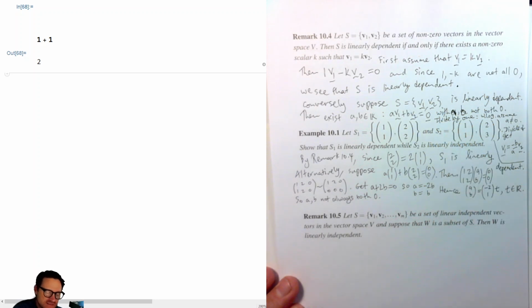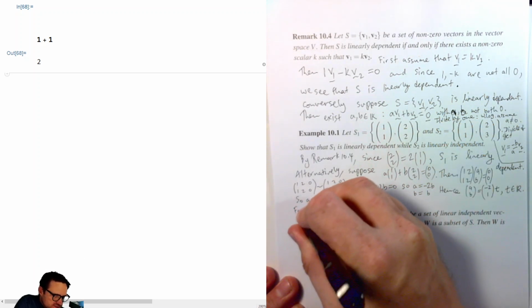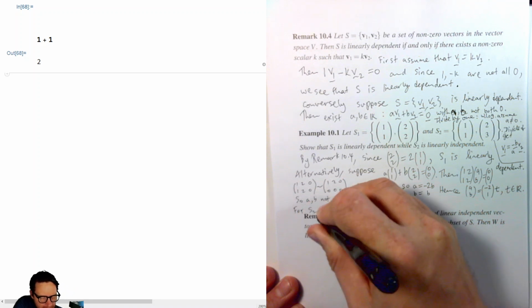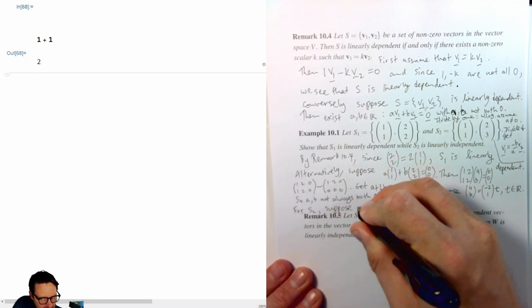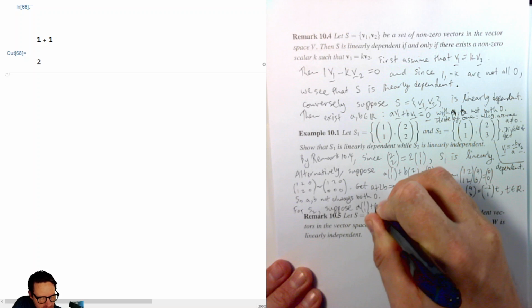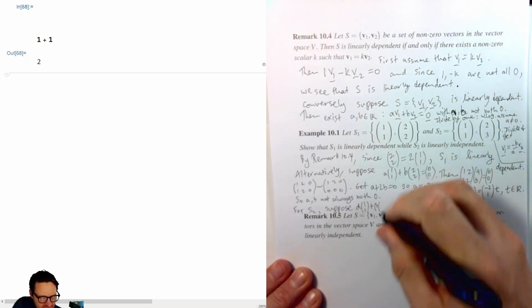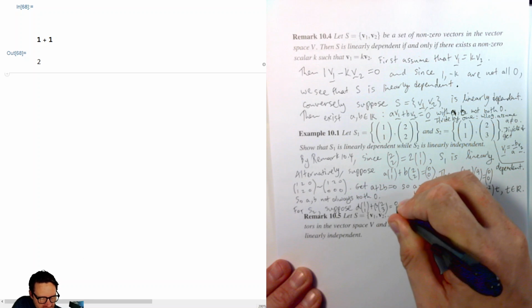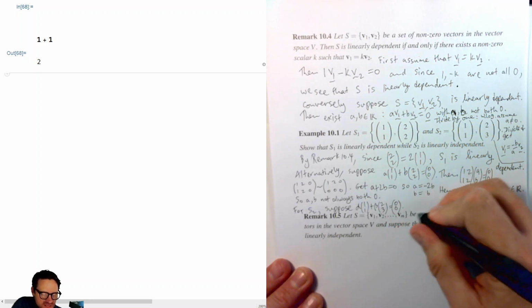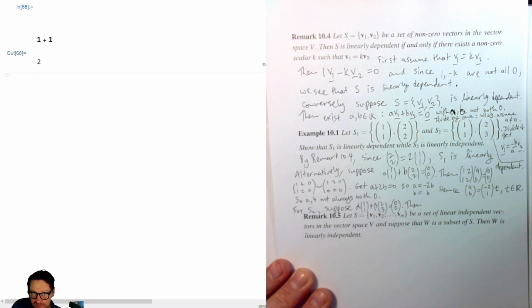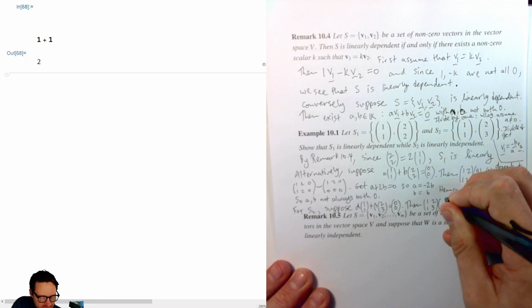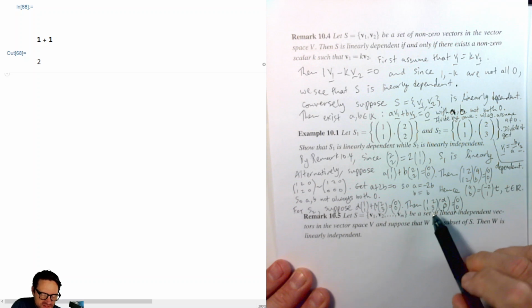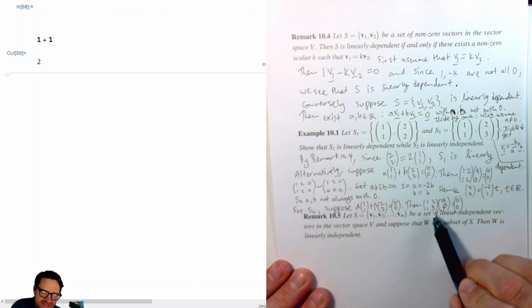Now let's have a look at this. So for S2, suppose that we have alpha times (1, 1) plus beta times (2, 3) equal to the 0 vector. Well, if that's the case, then we can write this as a matrix equation, [1 2; 1 3] times (alpha, beta) is the 0 vector, but this matrix A right here is invertible.